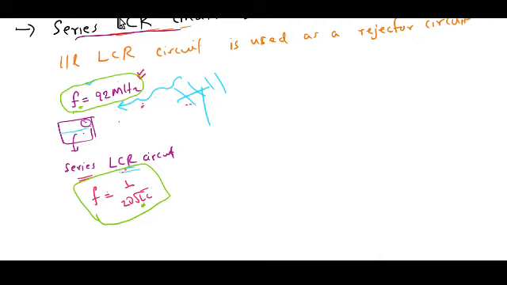Then next we have the option C. C is the capacitance, the value of the capacitor used in the LCR circuit. There is a parallel plate capacitor. We know the expression epsilon 0 A divided by D.